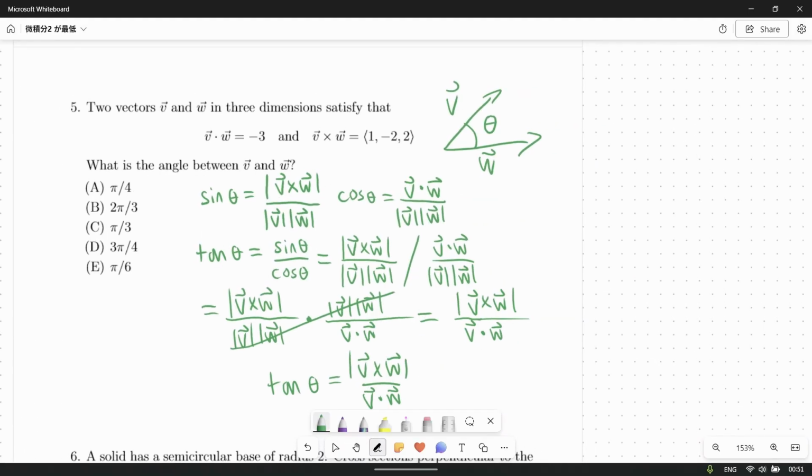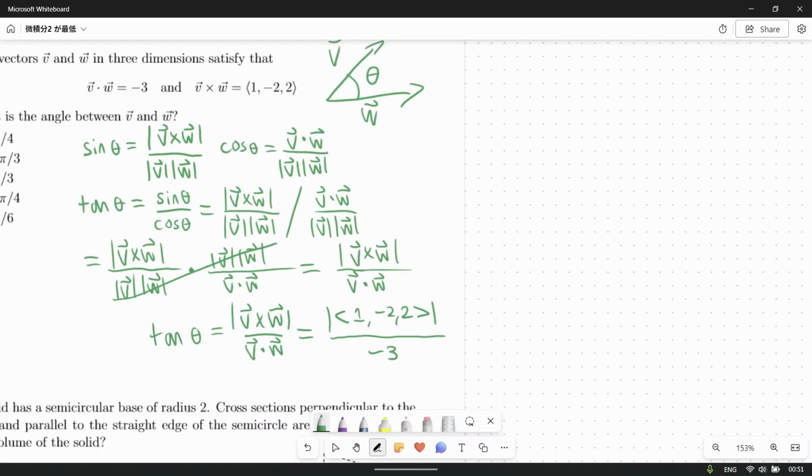And the cool thing is we do know what the dot product and cross product are equal to. And so from here, all we have to do is plug and chug. To start, let's plug those things in. So this is going to be equal to the vector of 1, -2, and 2 over -3. And since we're taking a magnitude, recall that a magnitude would just be equal to the square root of each of the terms of the vector squared and added together.